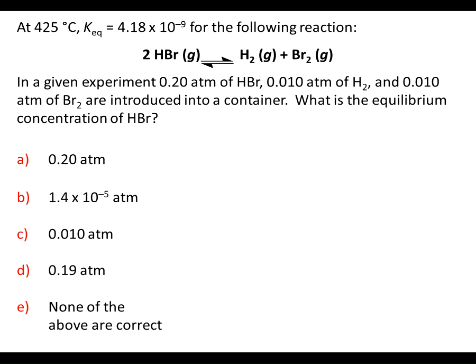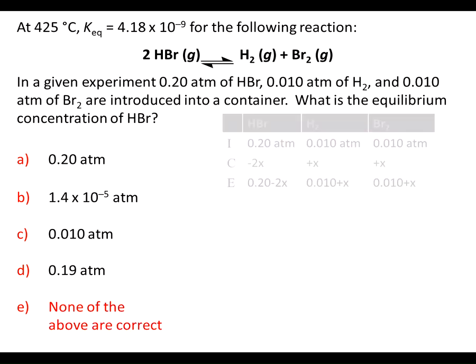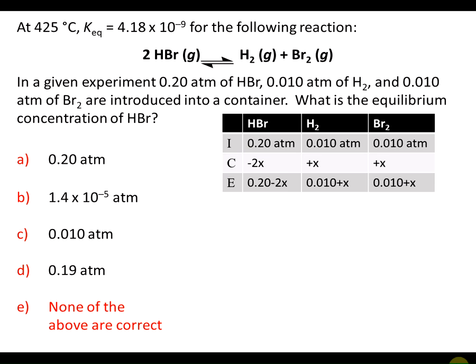So our first step, we look at our equation, make sure it's balanced, and then we've got our balanced chemical equation. And then we set up our ICE table. So initially we have 0.2 atmospheres of HBr, 0.01 atmospheres of the H2, 0.01 of the Br2. And our change is going to be for every 2 moles of HBr.